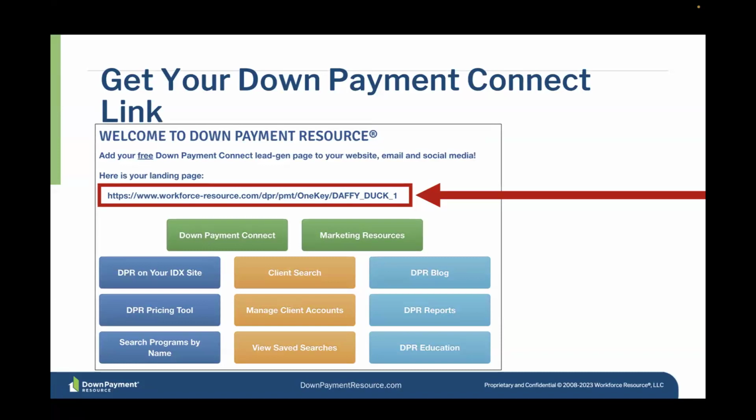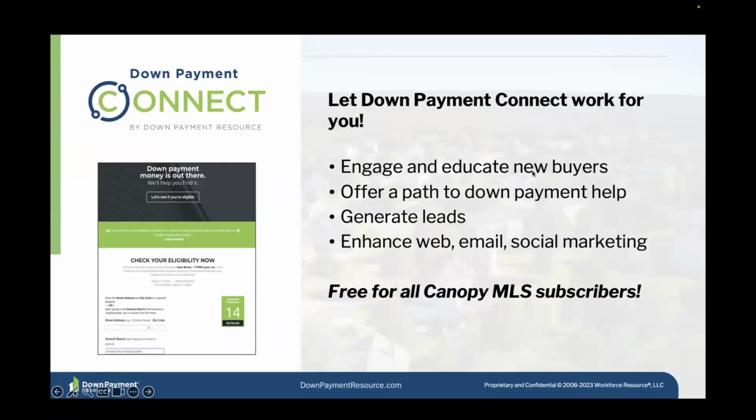And then at the bottom, search programs by name. You also have access to all of the data that we have about every program across your state. So I'm going to move on here to a live look in just a moment.